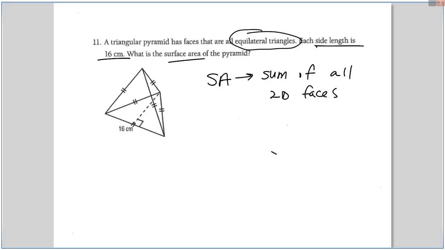So what 2D faces are involved here? Just triangles, right? So what's the surface area formula going to be? For area of the triangle. Once you figure out the area of the triangle, all you got to do is times it by 4.